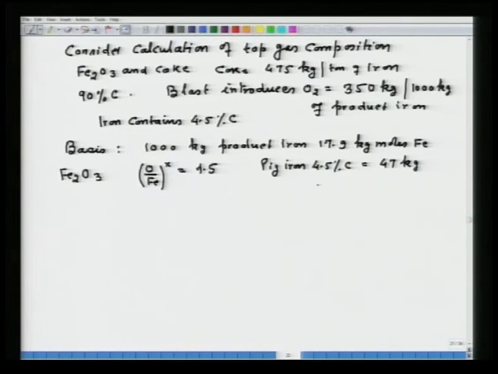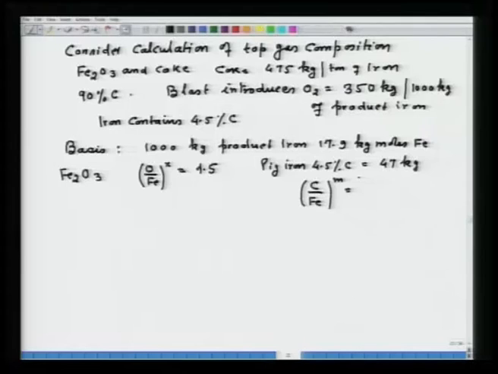So, from here C upon Fe m, which is the inactive carbon, I have to calculate in terms of moles of carbon per mole of iron. So, I have 47 kg, 47 by 12 kg mole of carbon, divided by 17.9, that will be the C by Fe ratio.